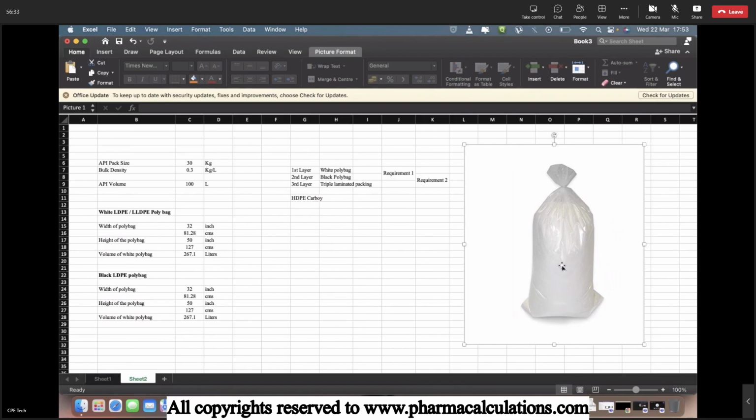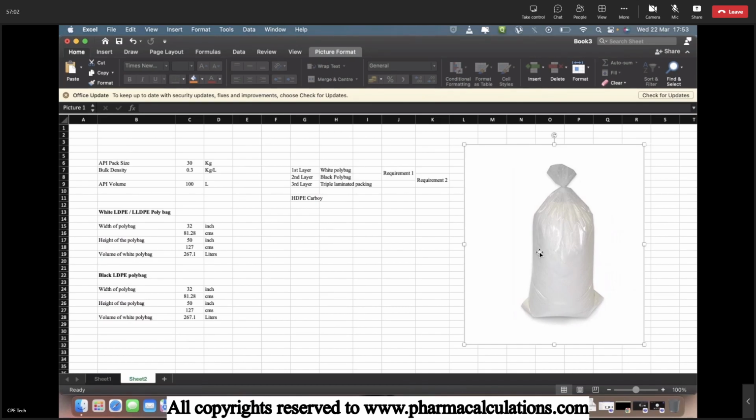That means the usable volume of this white polybag is determined based on the material present inside it. So though the volume is going to be 267 liters, the API volume is going to be only 100 liters. That means it nearly occupies 30 to 40% of the total volume. So the strip will be placed over here, and this is not usable.